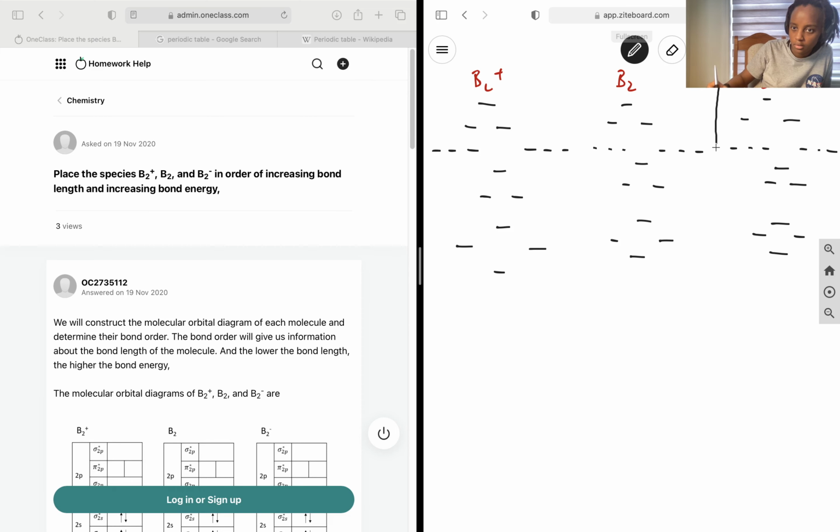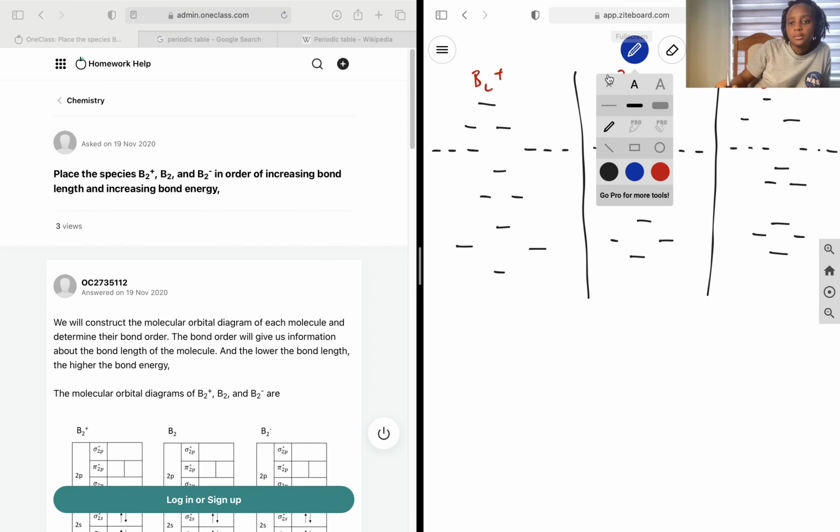Let's just separate these so that it's easier for you to distinguish between them. Now let's label them. So these are 2p. Let's start with our atomic orbitals. These are 2s, 2s.